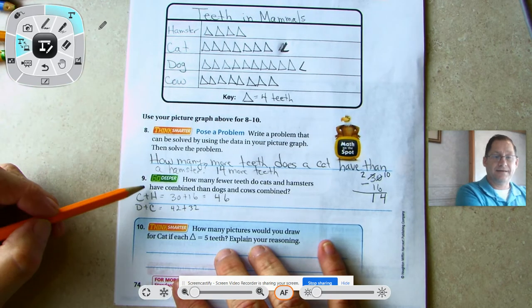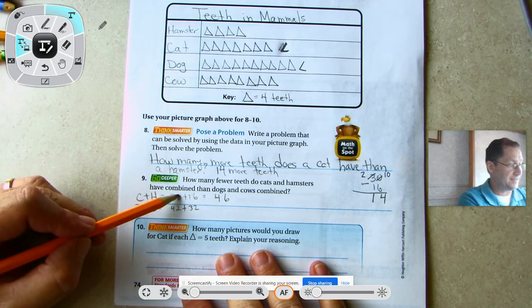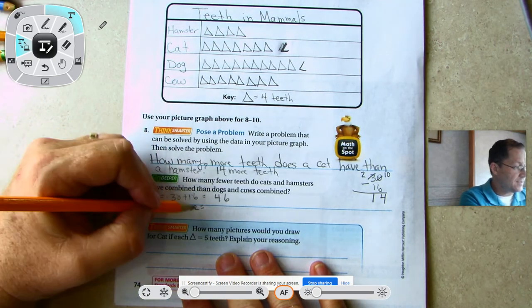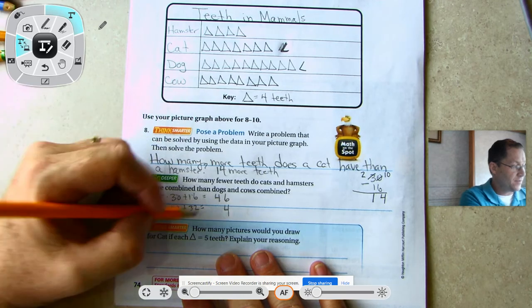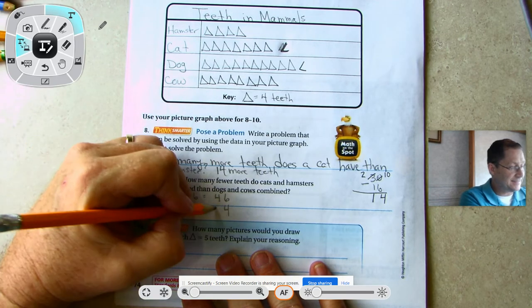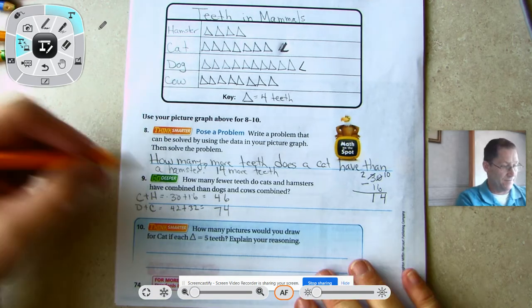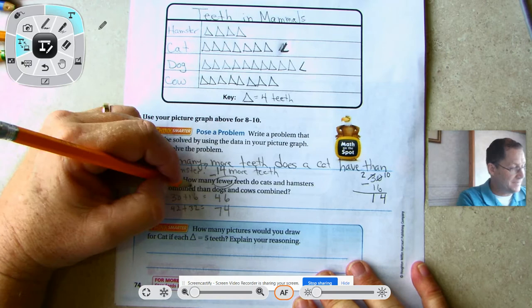So when I add cats and hamsters' teeth, I get 46. 6 and nothing is 6. 3 tens and 1 ten is 4 tens. Dogs and cows, 2 ones plus 2 ones is 4. 4 tens plus 3 tens is 7. So 7 tens. Now, how many fewer? That means subtract. Combined means add.